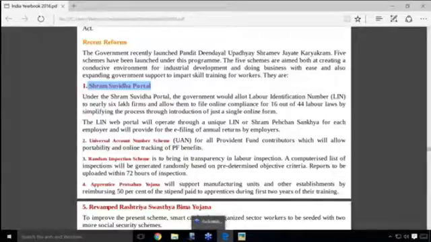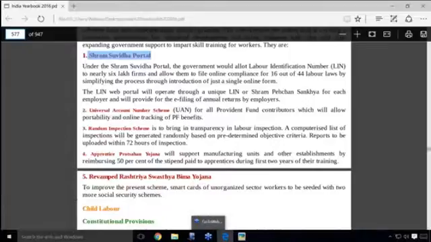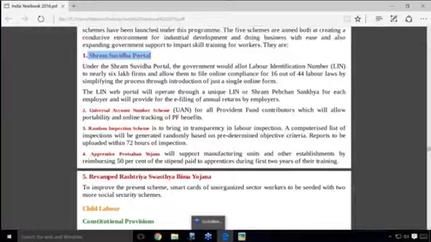So in this, first, Shram Suvidha Portal. Under this the government would allot a labor identification number to nearly 6 lakh firms and allow them to file online compliance for 16 out of 44 labor laws. By simplifying the process through the introduction of just a single online form, that is e-filing of annual returns, the burden on employers is being reduced here.